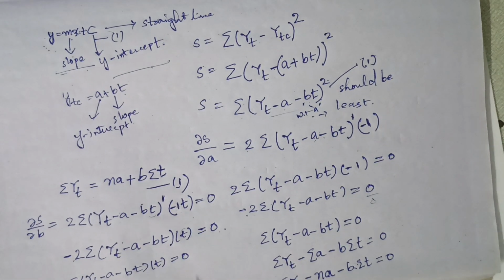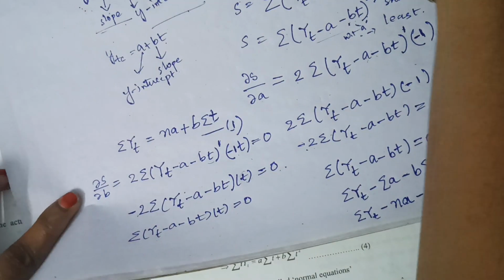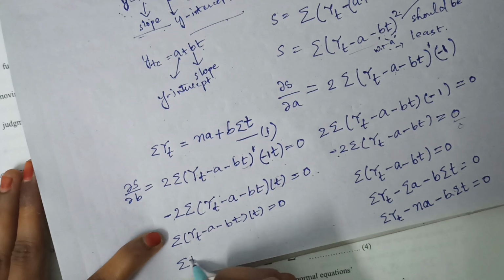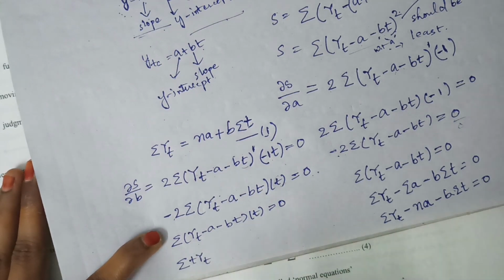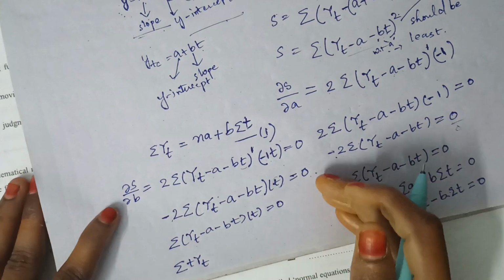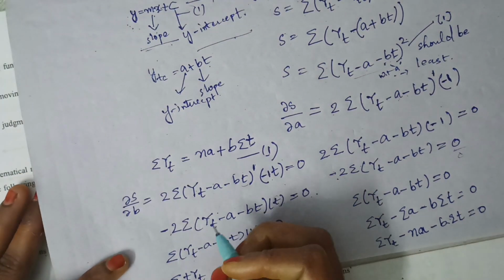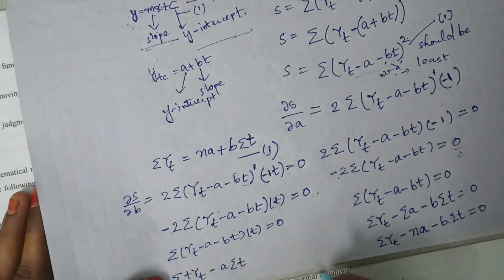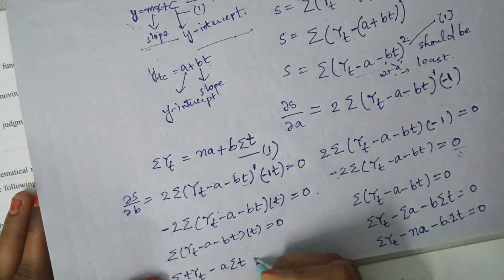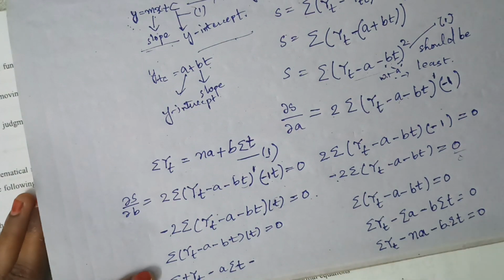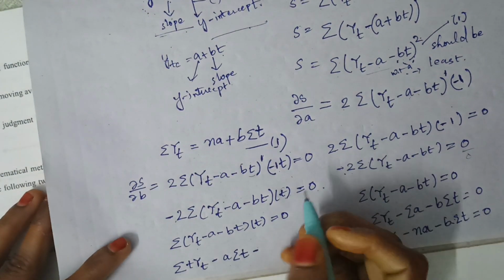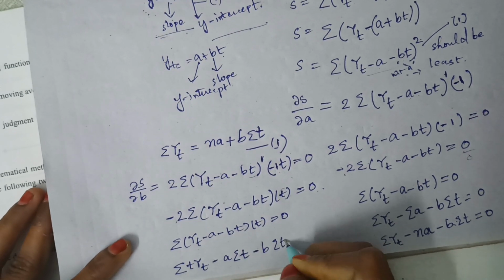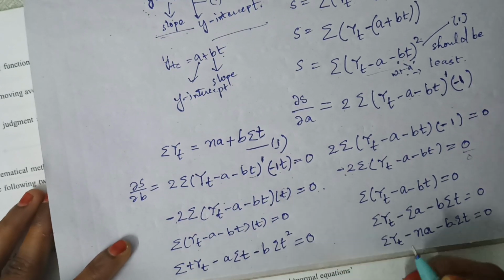If we multiply this, it becomes summation t into yt, and a is constant, so minus a into summation t, minus b is constant, so summation t into t is t square, which is equal to 0.